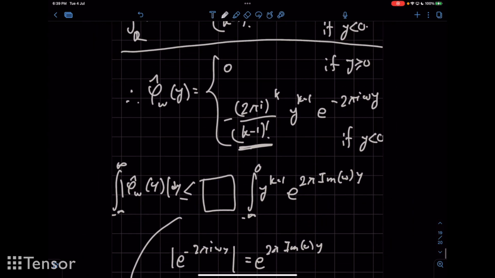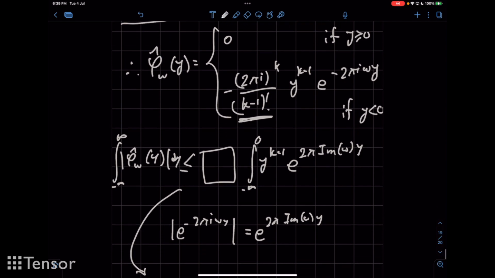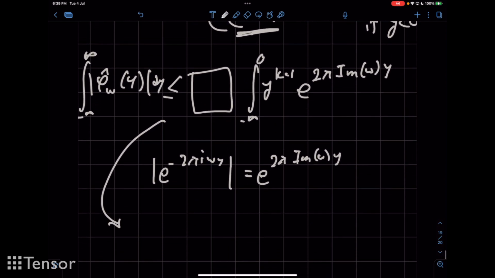Because if y is positive, then this function is 0. But what is w? w is just the real part of w plus i times the imaginary part of w. So this i and this negative i multiplied give us 1.